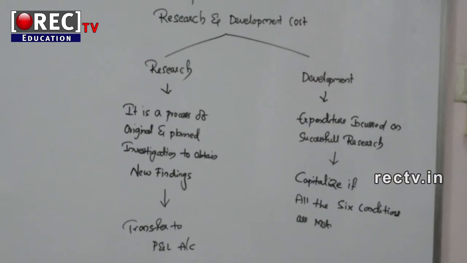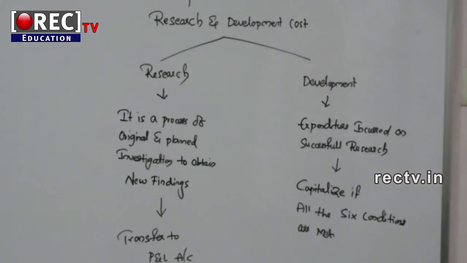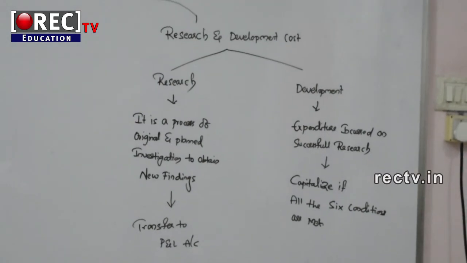And when we come to the development phase, it is expenditure incurred on successful research. For example, take 5 years. In these years, you spend 2 years on research, and after completing the second year, it turns out that your research was successful and you are incurring development cost.